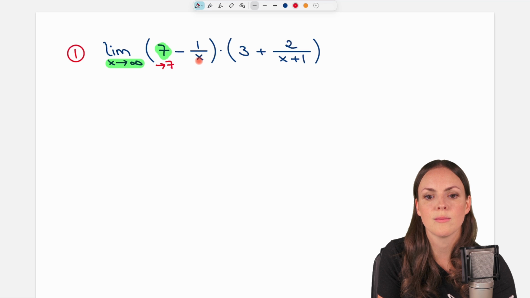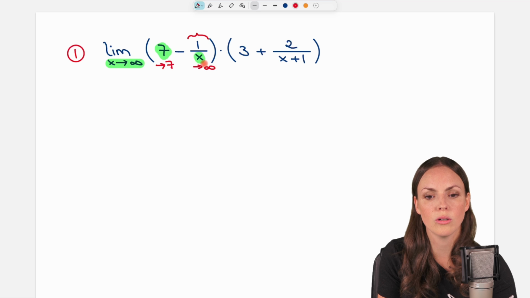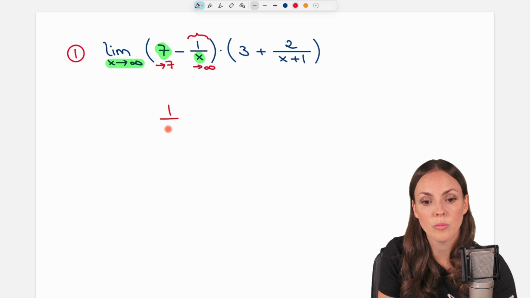Then we have the minus, and then the second part. Now we have an x in here. That will change. We said x approaches infinity, so our little x down here will approach infinity. And what happens to this fraction in total? We have 1 over something that approaches infinity.